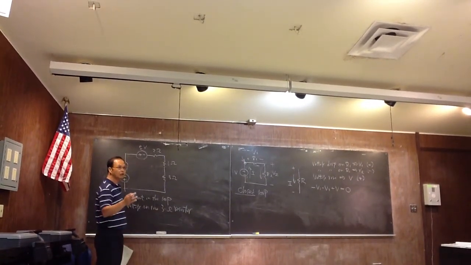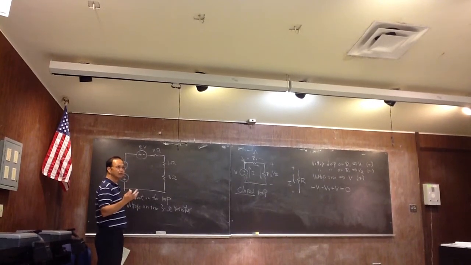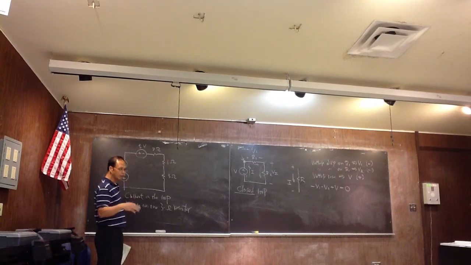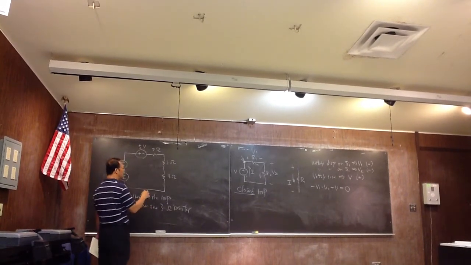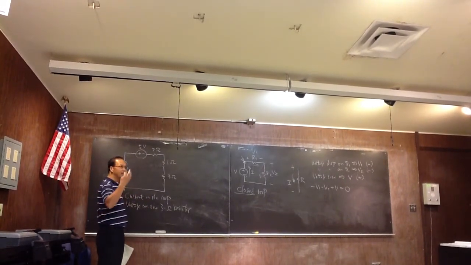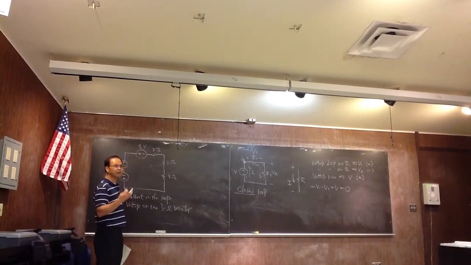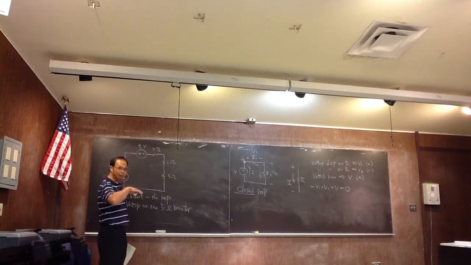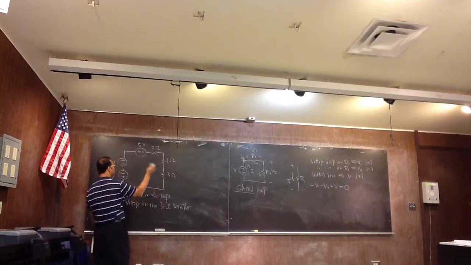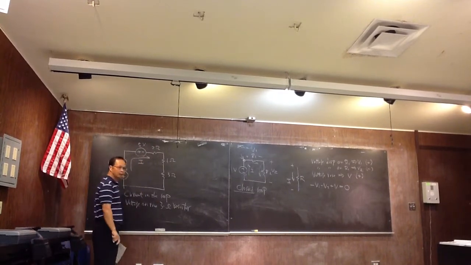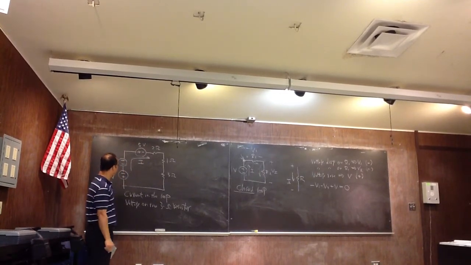So what you do is you just go ahead and assume the current direction in the beginning. And then at the end, if you get a negative value for the current, that means the direction should be the opposite. Got it? Okay. So I'm going to assume this direction.